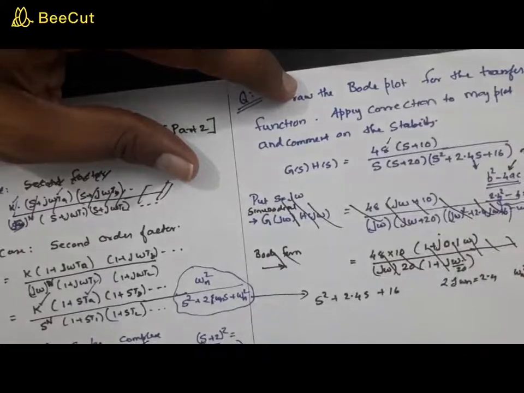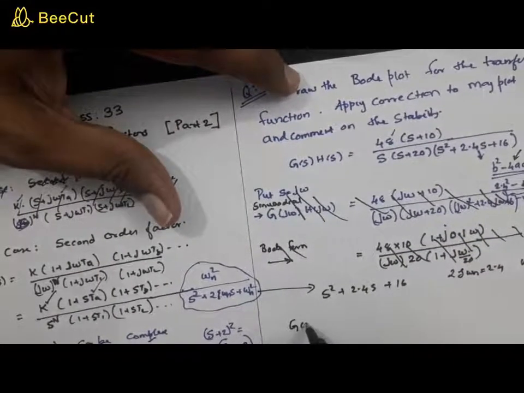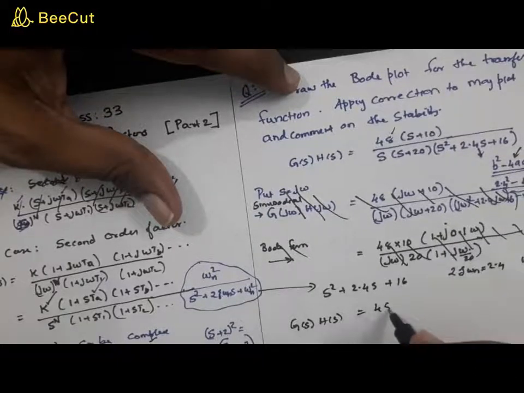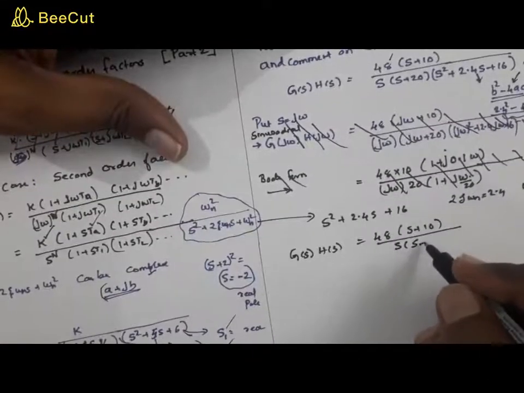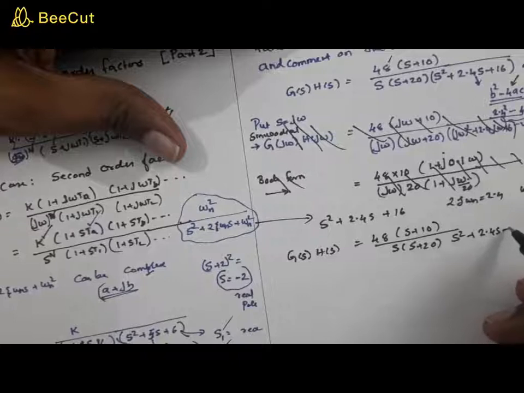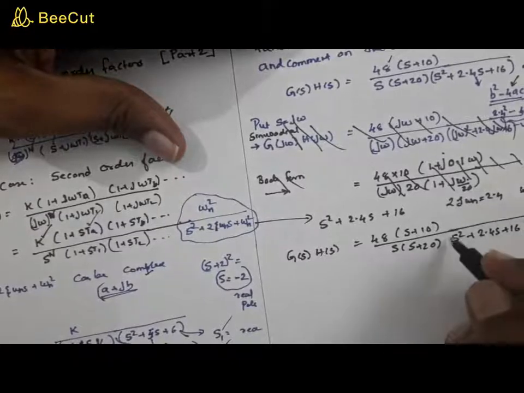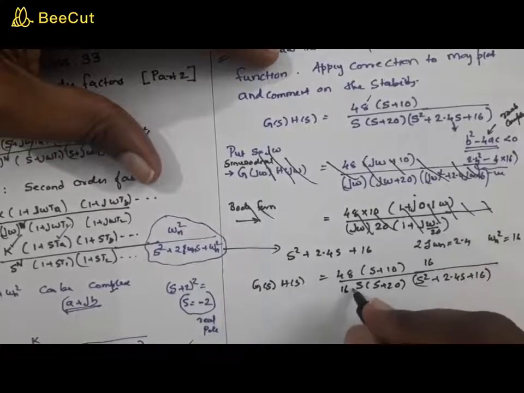Am I right? So when you multiply and divide by 16, I will be rewriting that as G of s H of s is equal to 48 into s plus 10 divided by s into s plus 20, into s square plus 2.4s plus 16, into 16 divided by 16, right?